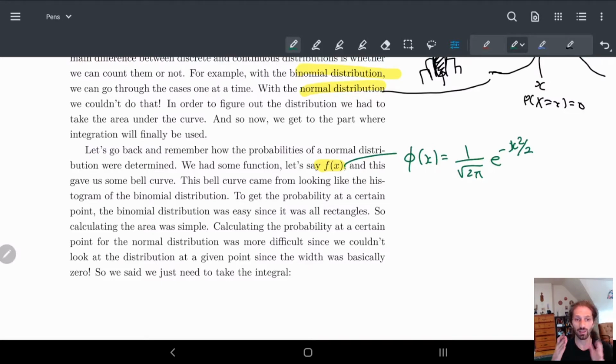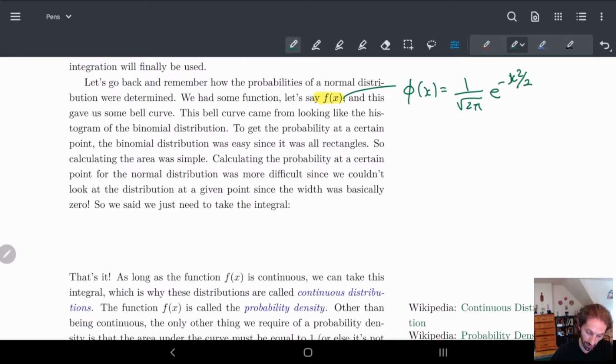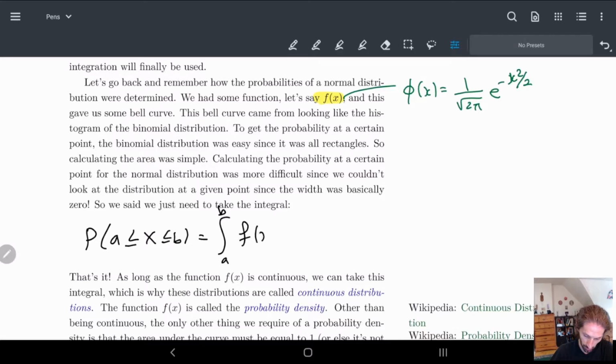Looking at this bell curve, we want to look at the area under the curve. This is basically what we had decided. If I want to look at the area here, what I have to do is take the area under the curve, which is just the integral, right? So here we would just take the integral of f of x dx.